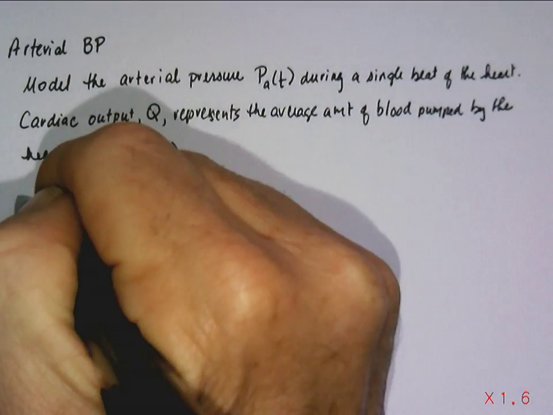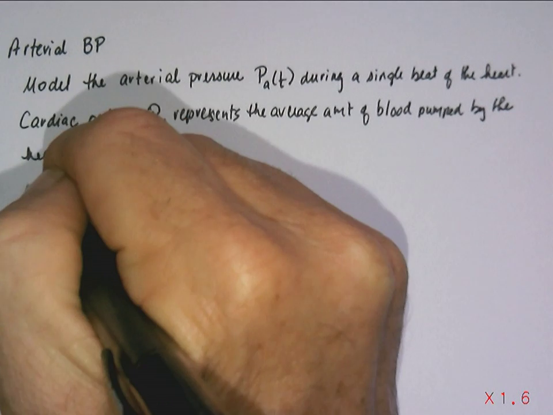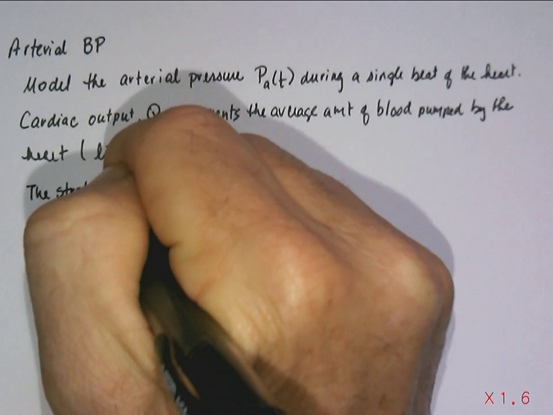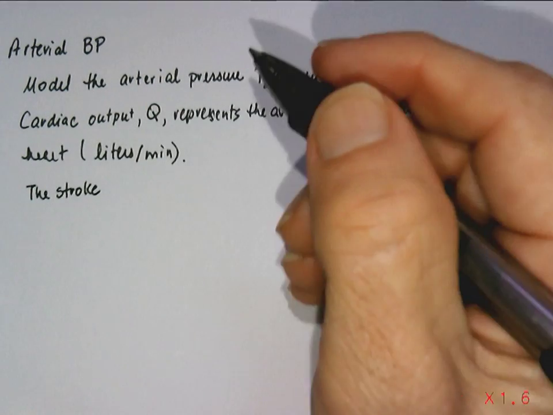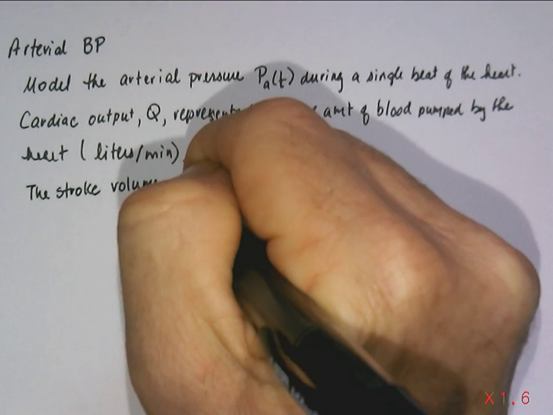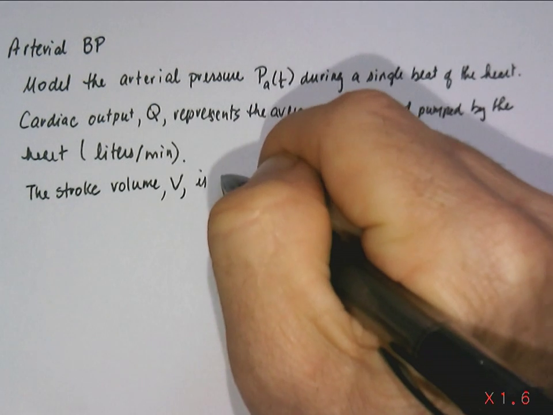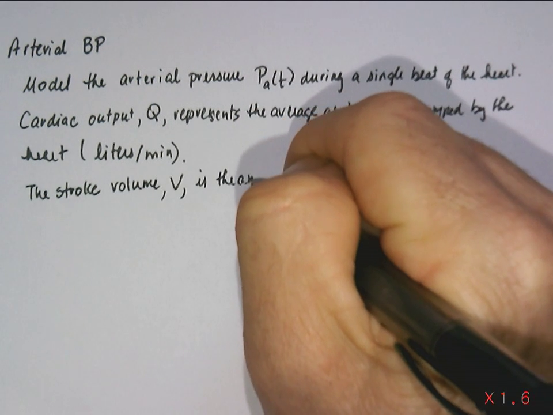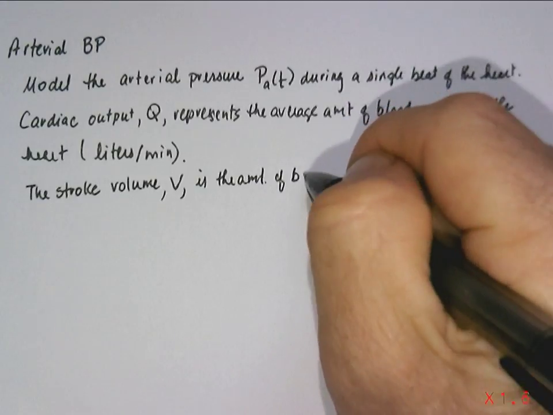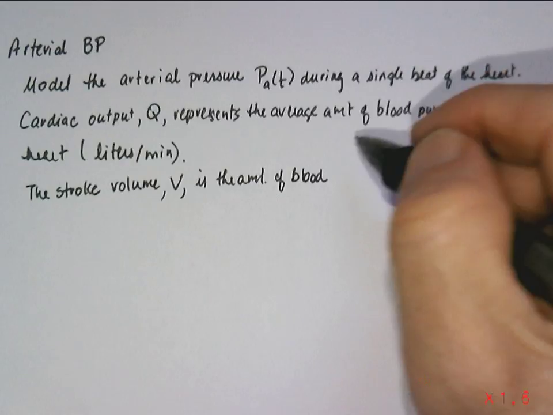Another important parameter in building our model of arterial blood pressure is what's called the stroke volume. The stroke volume, written just as you would think about it, stroke volume, and we'll use the letter V, is the amount of blood pumped by the heart during one beat.